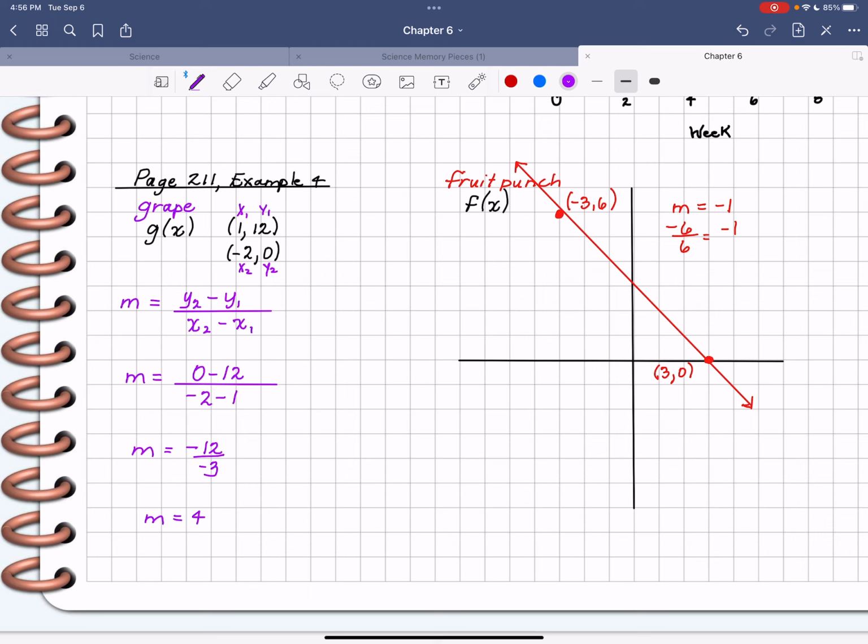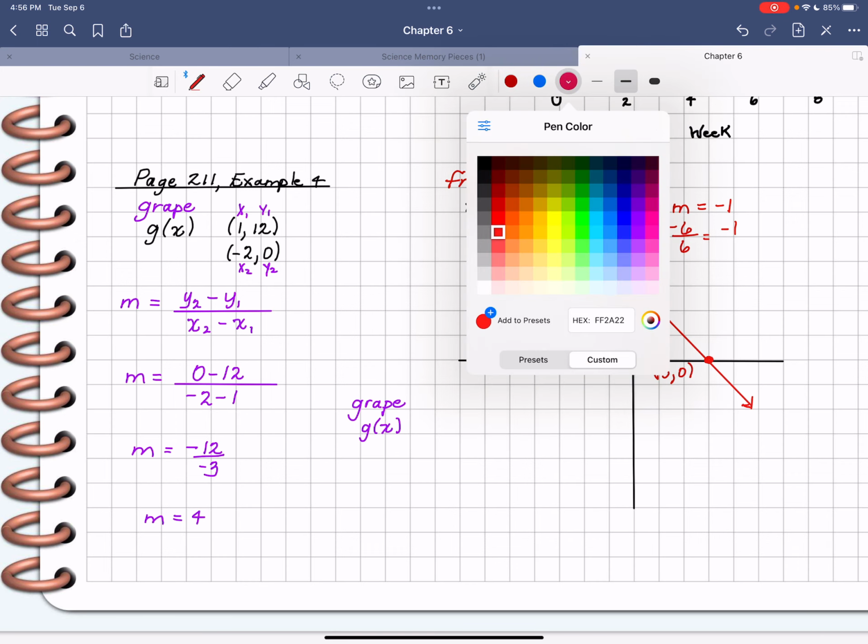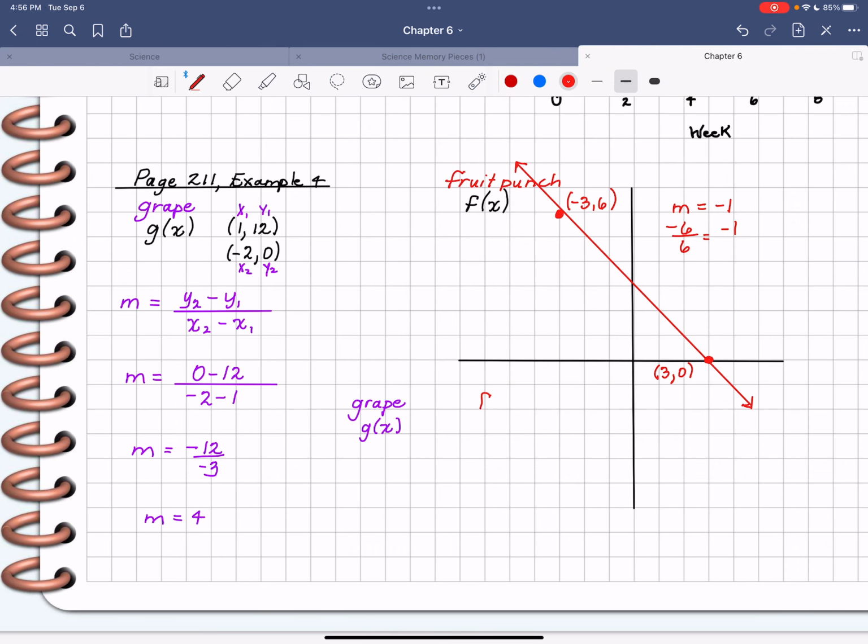Okay, so we can compare our functions. We can compare the grape function, which is our g of x, to our fruit punch function, which is our f of x.